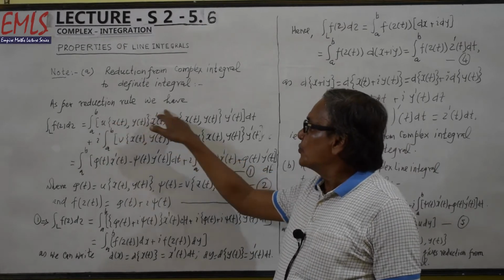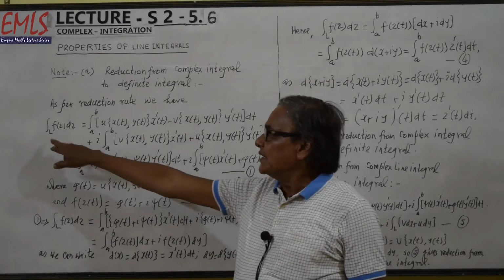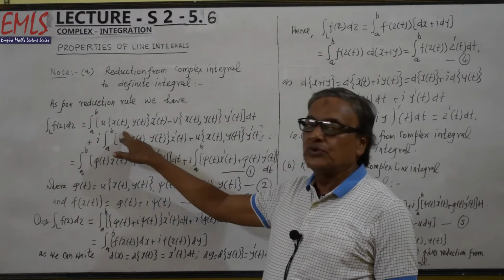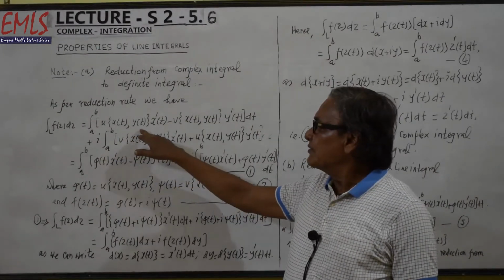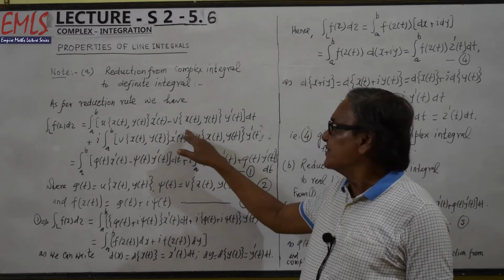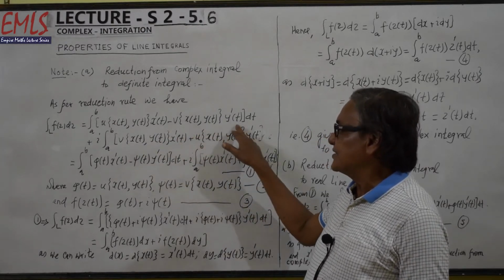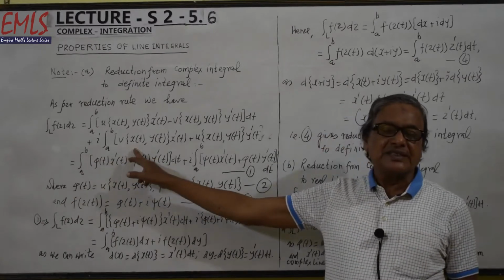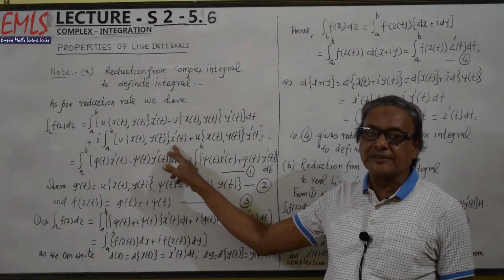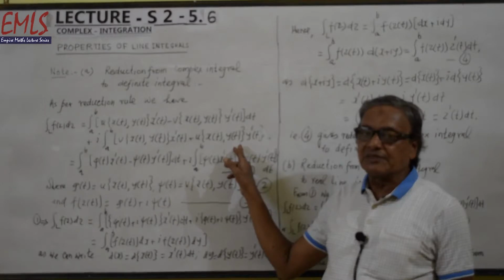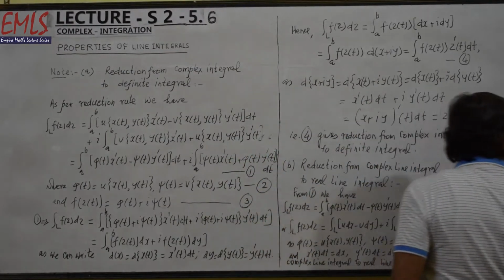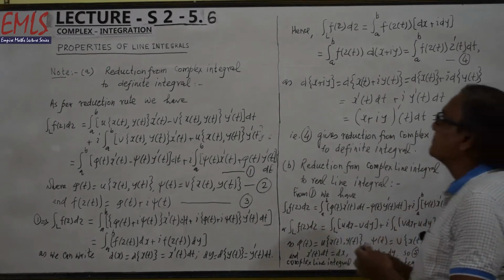As per the reduction rule, we have integral over L f(z) dz equal to integral a to b [u(x(t), y(t)) x'(t) minus v(x(t), y(t)) y'(t)] dt plus i times integral a to b [v(x(t), y(t)) x'(t) plus u(x(t), y(t)) y'(t)] dt.